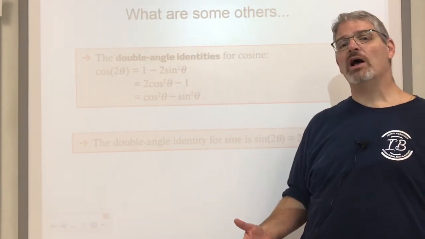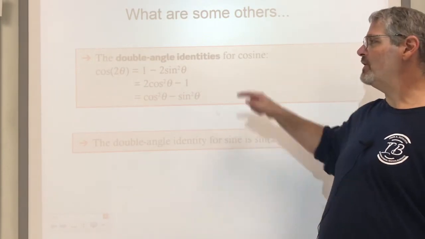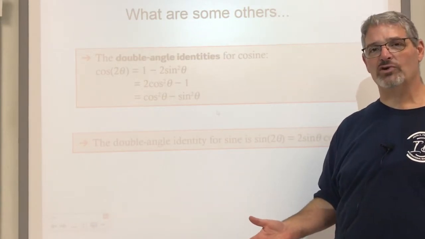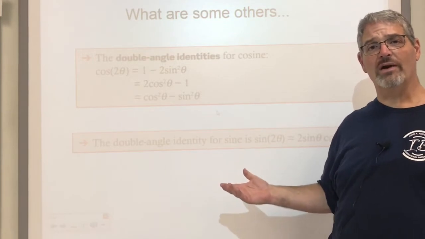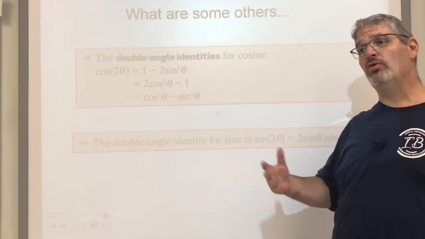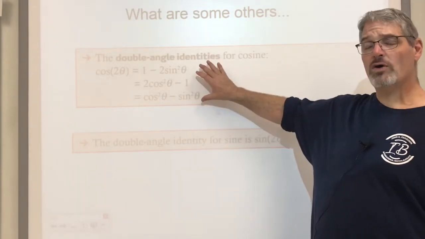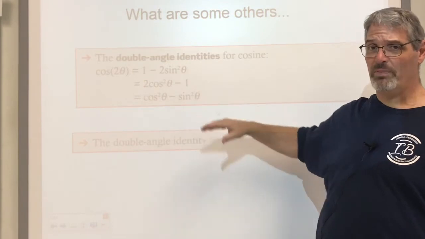And it all depends on what it is that you have, and that's the tricky part, trying to figure out which one of these equations to use when you're solving a trig equation. I'm going to be having several trig equations here, and I might be using some and not using others. And that's the tricky part with cosine of 2 theta, because with cosine of 2 theta, you have 3 to pick from.